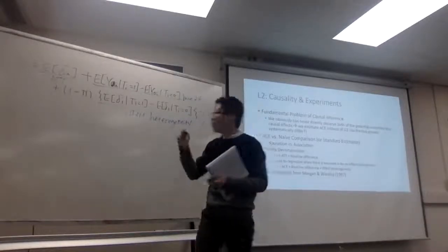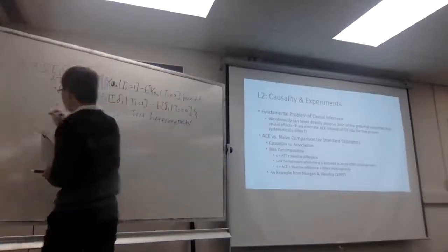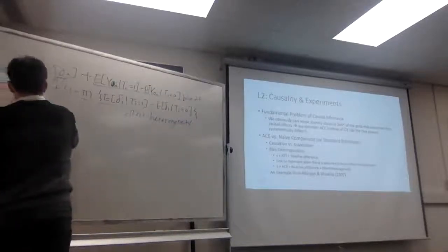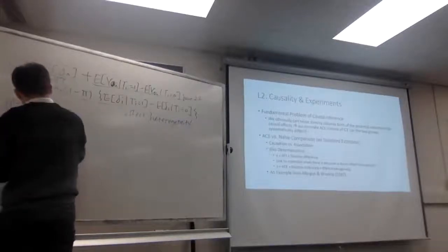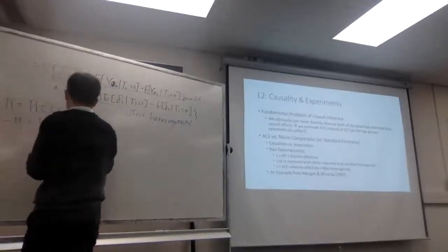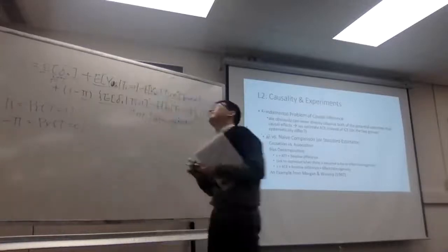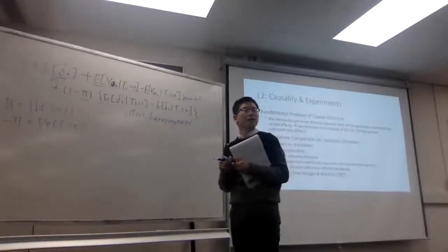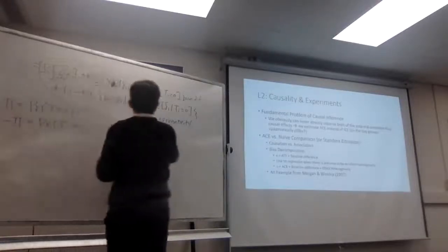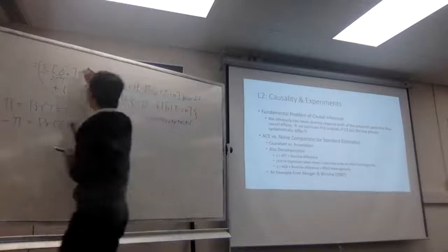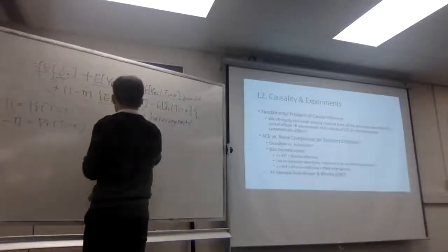And pi is the probability of being treated, and 1 minus pi is the probability of not being treated. And this part constitutes ACE.